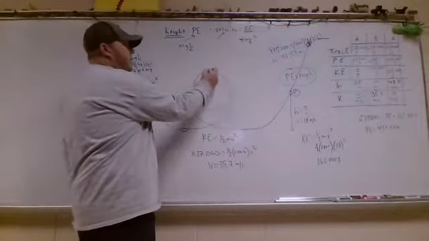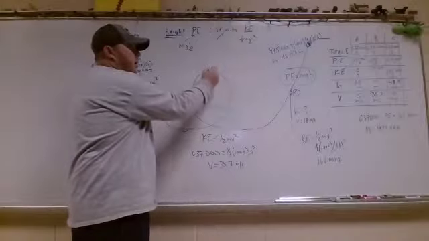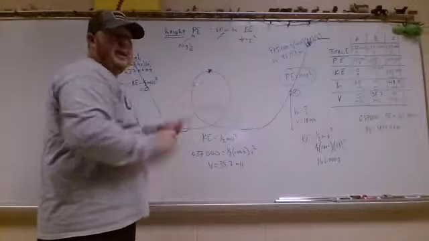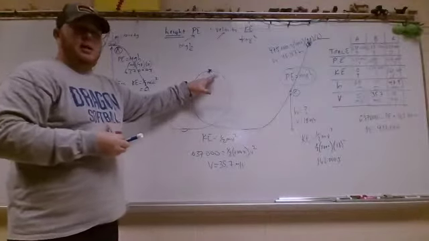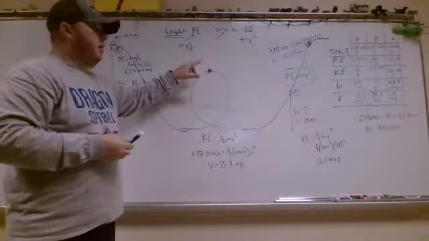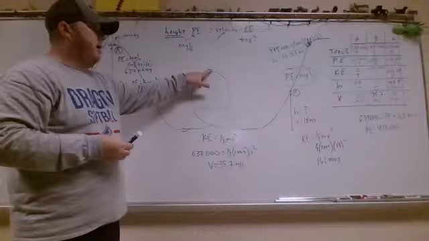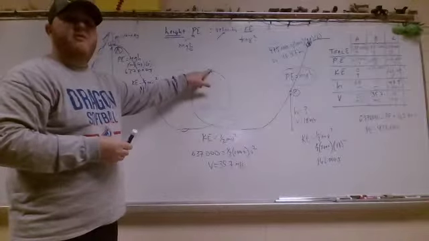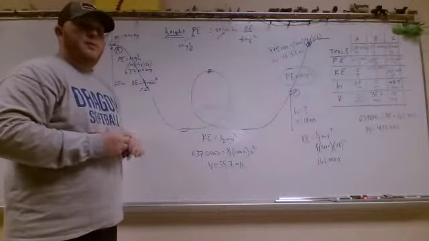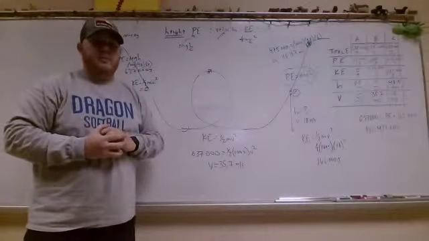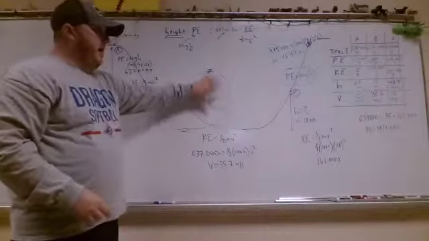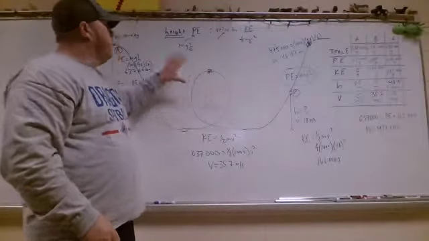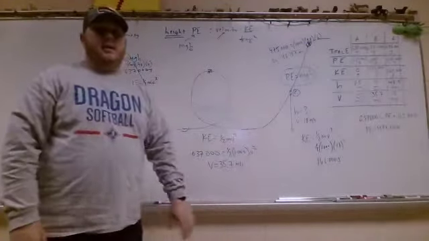If I got velocity, I can say that that's my tangential velocity, and then use that equation in a vertical circle and see if my cart was going fast enough for this loop, just like we did in class with vertical circles and all that kind of stuff. So like I said, it doesn't matter what goes on in the middle here. You approach the problem the exact same way.